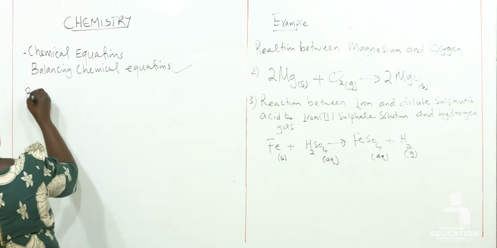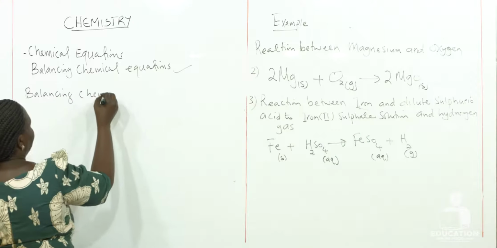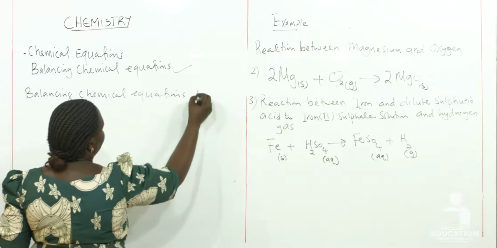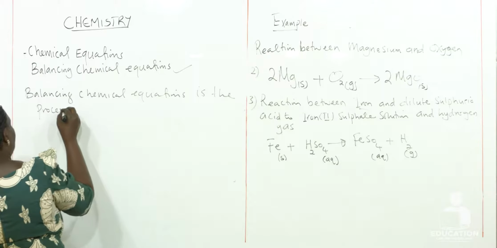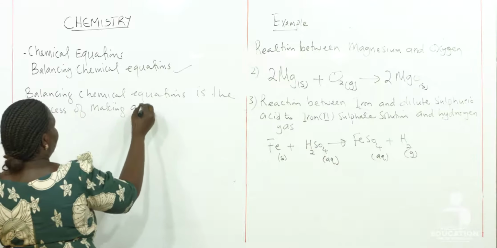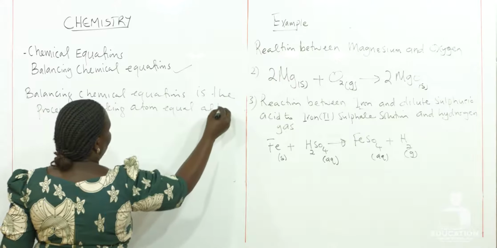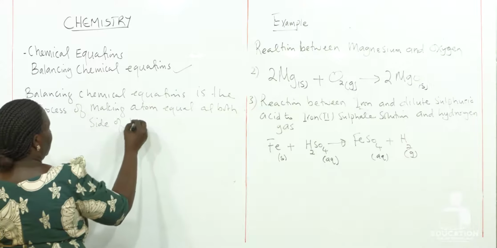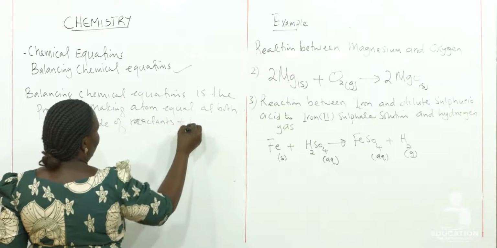Balancing chemical equations is the process of making atoms equal at both sides, reactants and products.